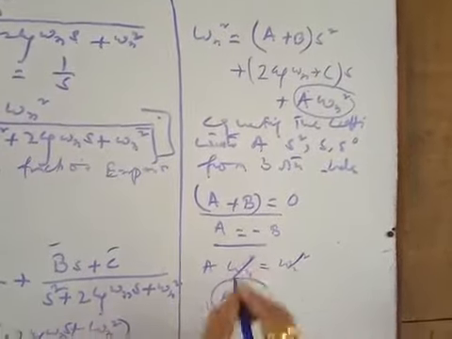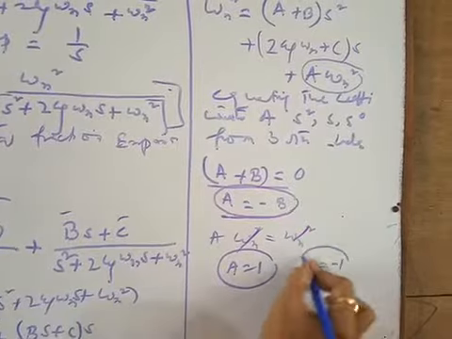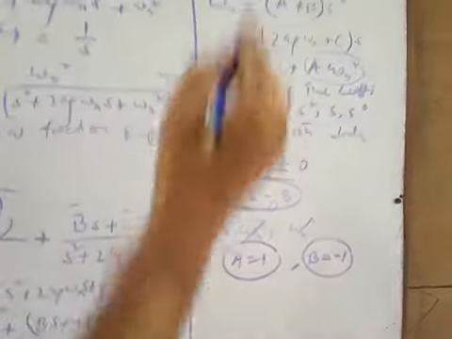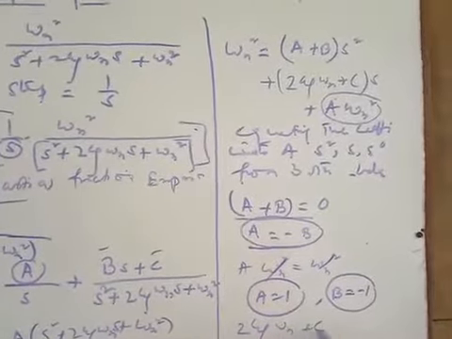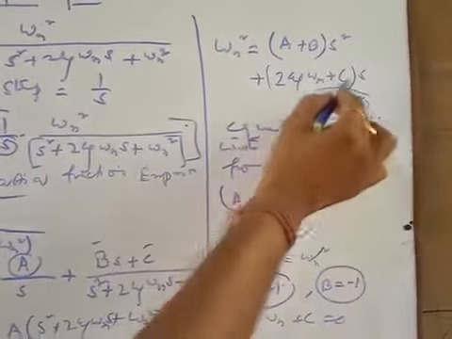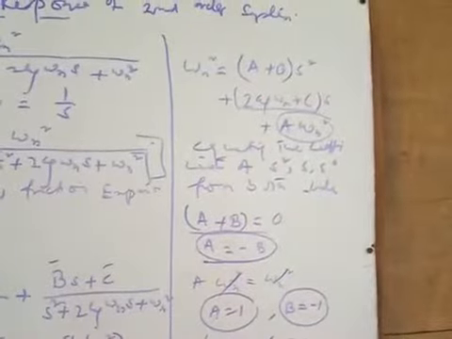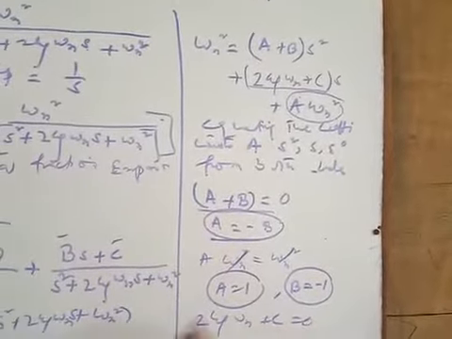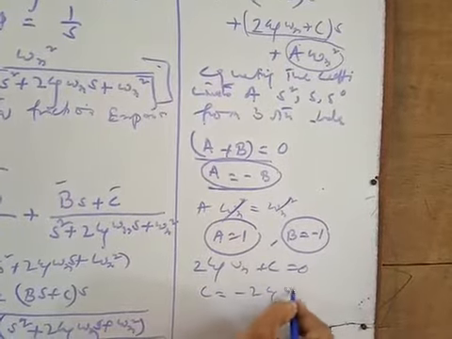As A is equal to minus B, B is equal to minus 1, right? And the next part is 2 xi omega n A plus C equal to 0 again, because this is the coefficient of s in the right hand side. In the left hand side there is no s part, so this is equal to 0, and C equal to minus 2 xi omega n.